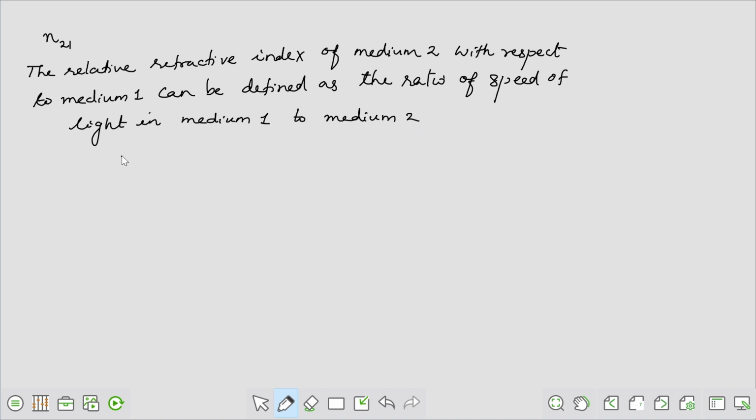Okay, that is N2,1, which is equal to N2 by N1 equal to V1 by V2. Ratio of speed of light in medium 1 to speed of light in medium 2.